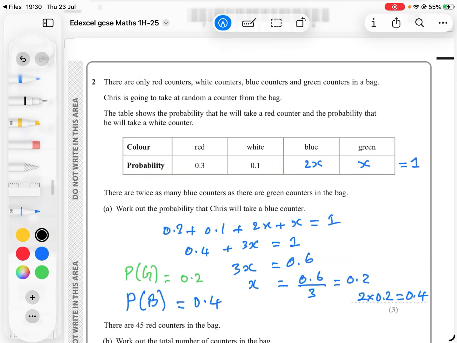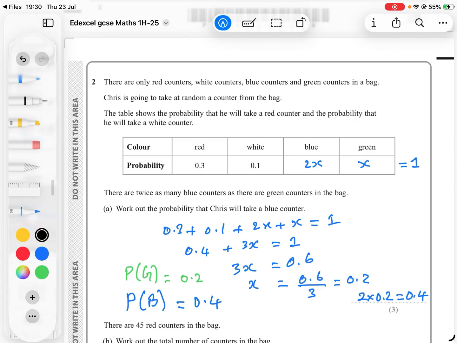Hi, I'm going to walk through question 2. There are only red counters, white counters, blue counters, and green counters in a bag. Chris is going to take at random a counter from the bag.